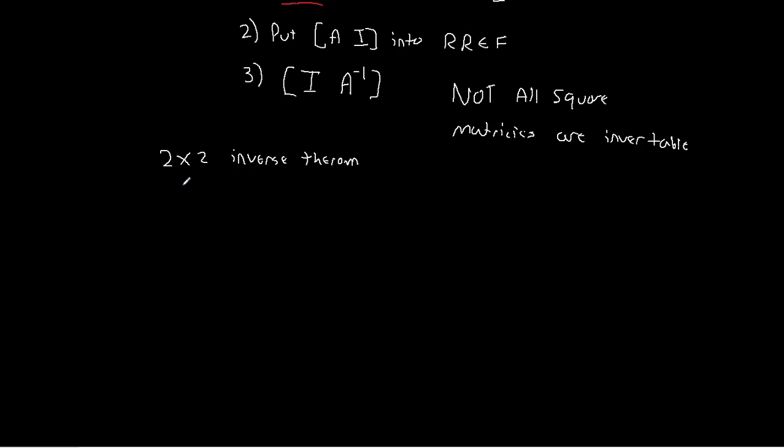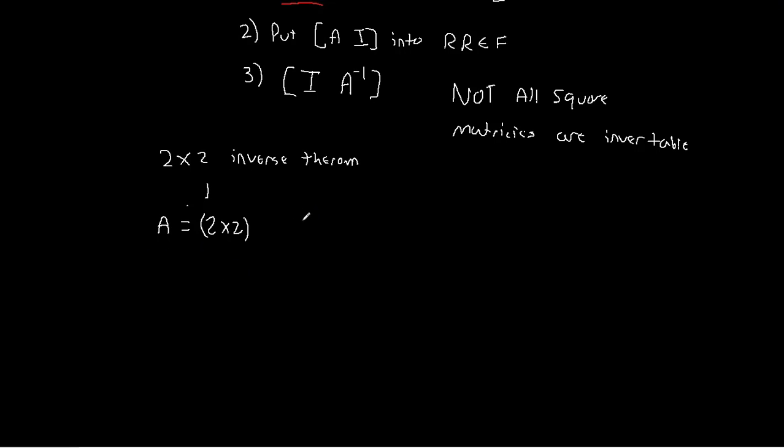But if you don't really care, that's understandable. You don't have to watch that video. What we prove is that for A equals a 2x2 matrix, there's an equation we can use to get the inverse.